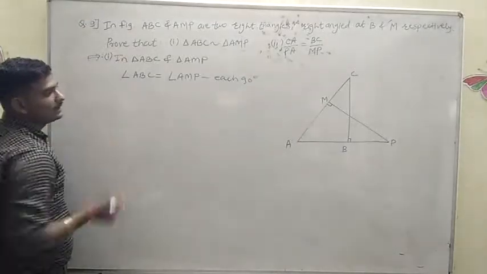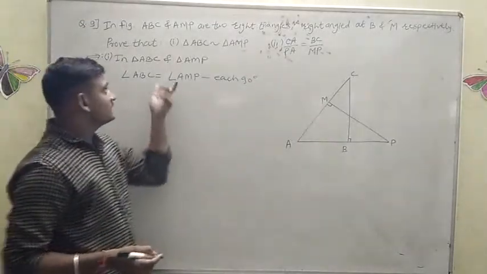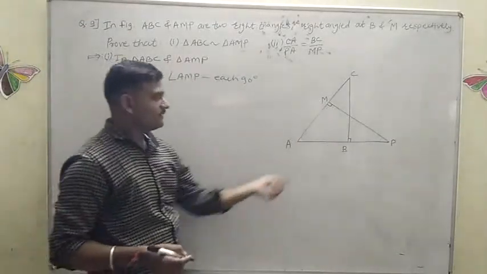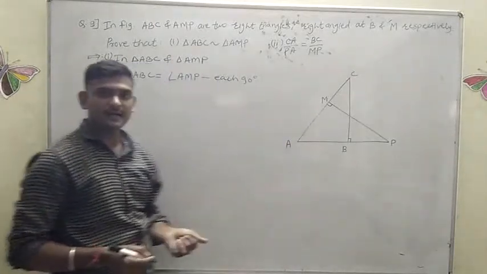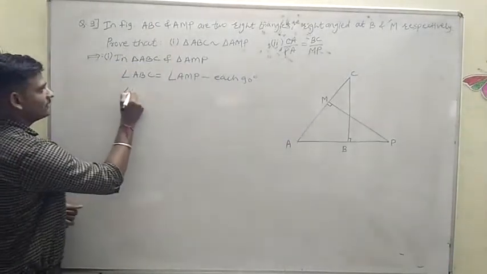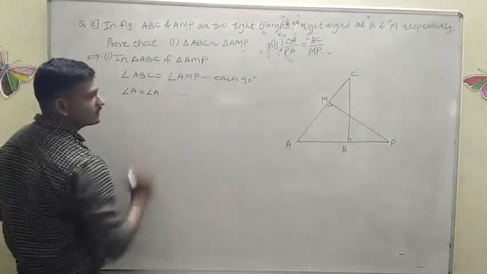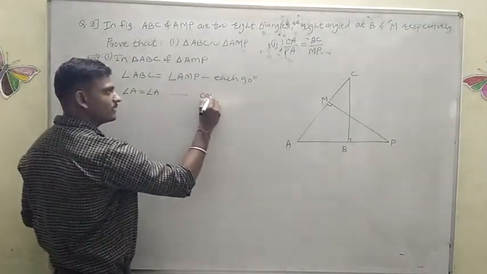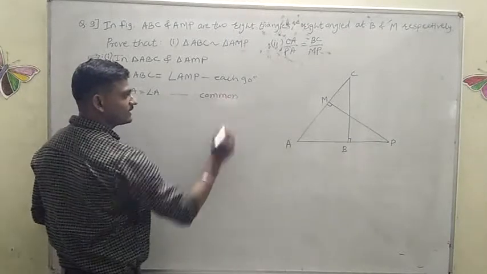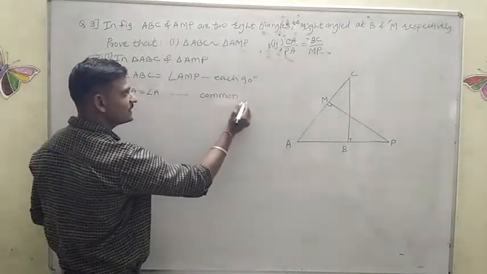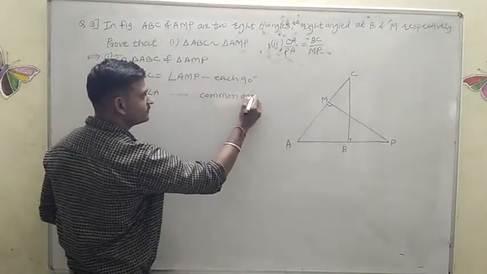Therefore, both are equal. And again, in these two triangles ABC and AMP, is angle A common to both the triangles? Yes. Angle A is equal to angle A. The reason is common angle.